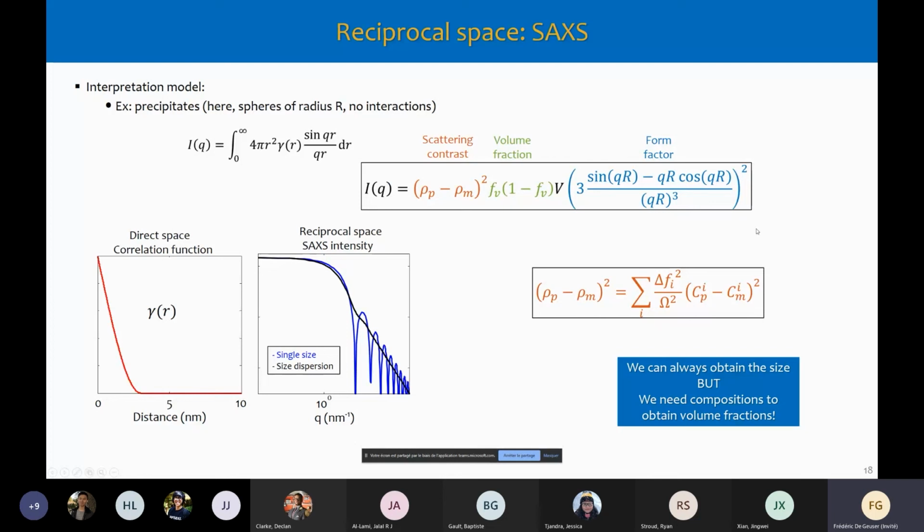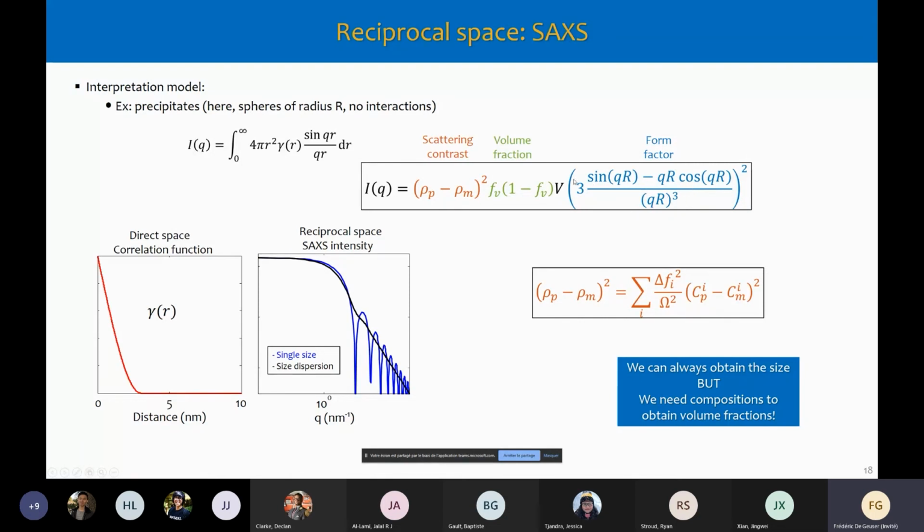One, which is the blue one here, is something that depends only on the geometry of your objects. So spheres, plates, cylinders, rods, you name it. Here, this is the case for spheres, but it doesn't really matter.